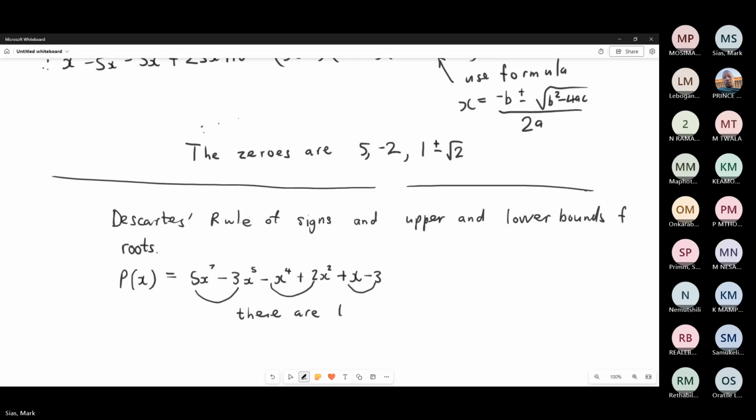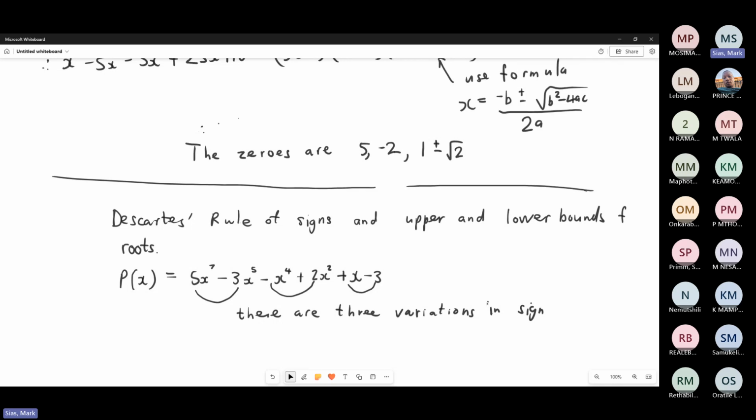So the terms were arranged in descending order.